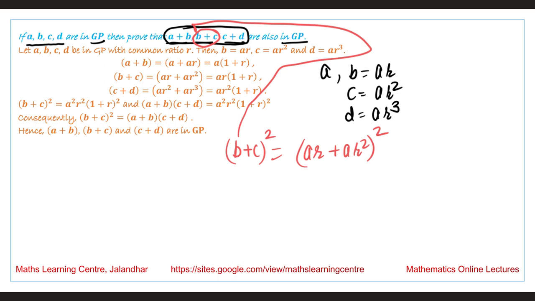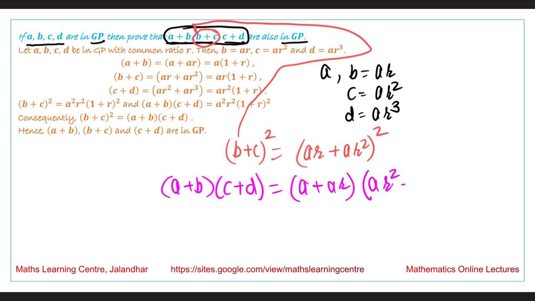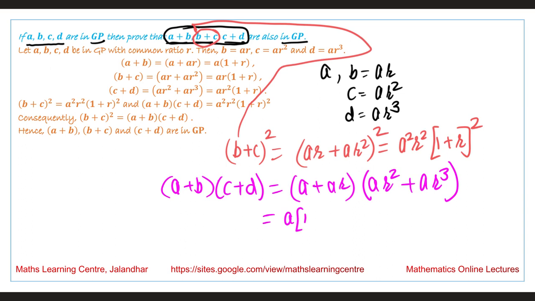And if we calculate the value of a plus b into c plus d, we have a plus ar into ar square plus ar cube. From the first one we get a square r square into 1 plus r whole square, taking ar common. From the second, we write a common, we are left with 1 plus r, and ar square common, we are left with 1 plus r.